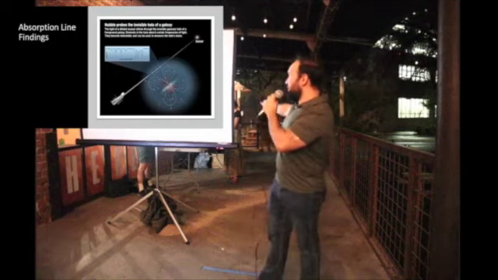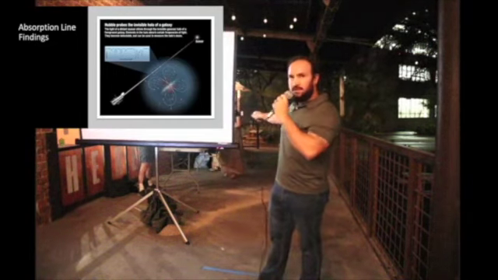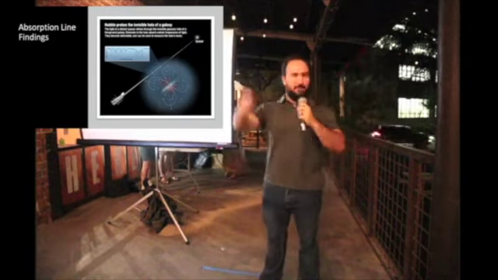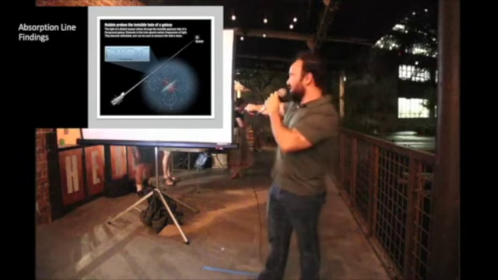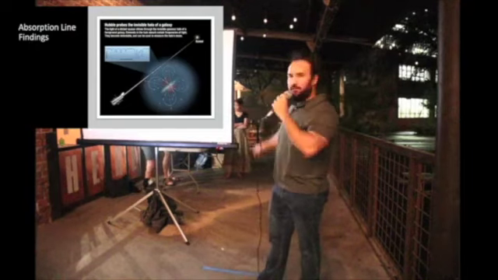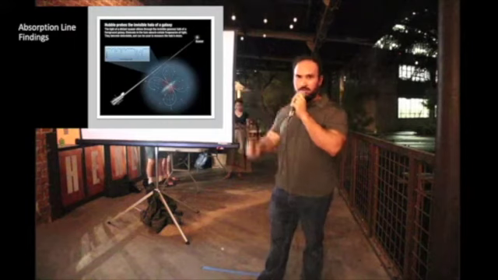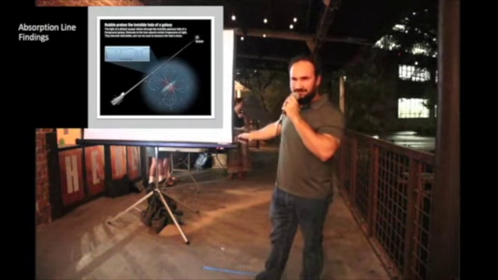The light from that quasar, as it travels from that quasar towards this galaxy, is absorbed by the atomic constituents, the structure of this intervening foreground galaxy. So we can use the fingerprints of absorption.